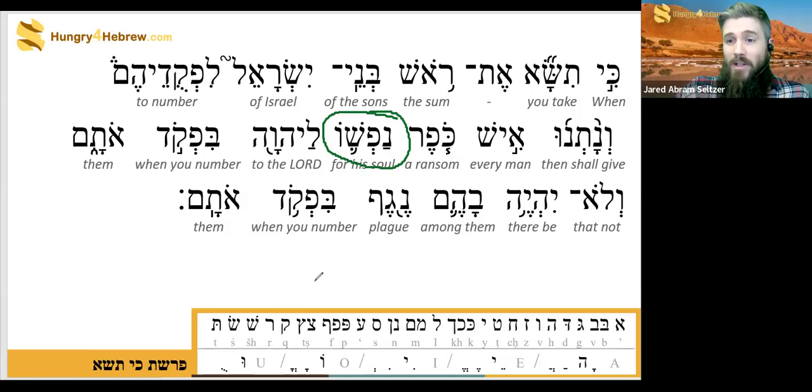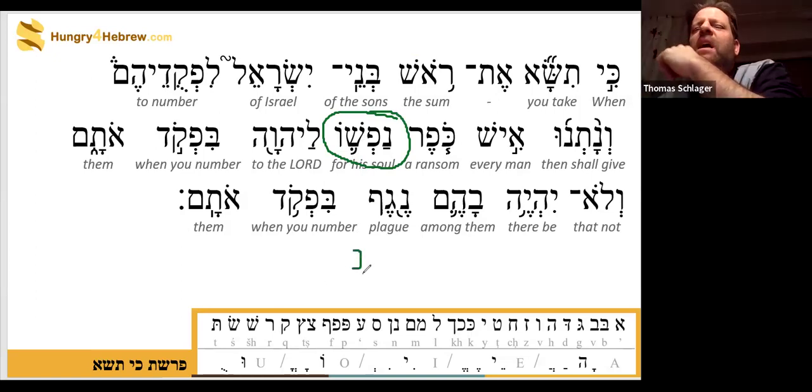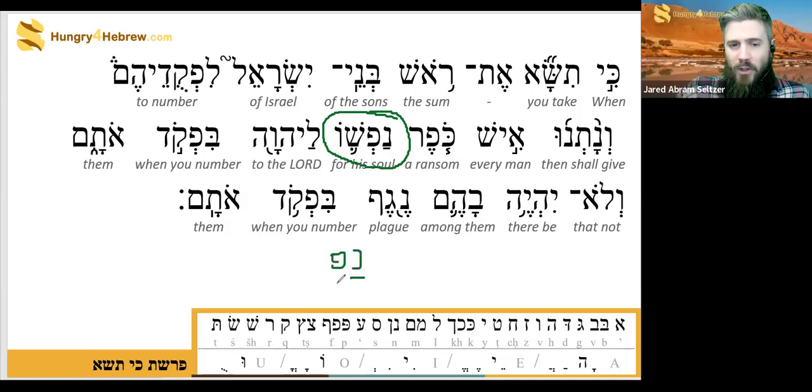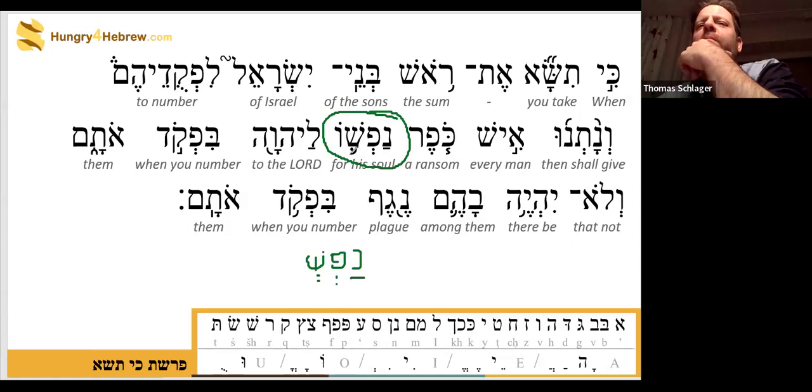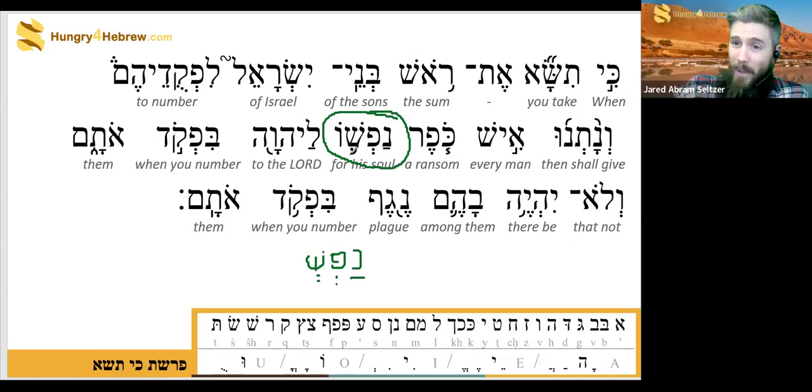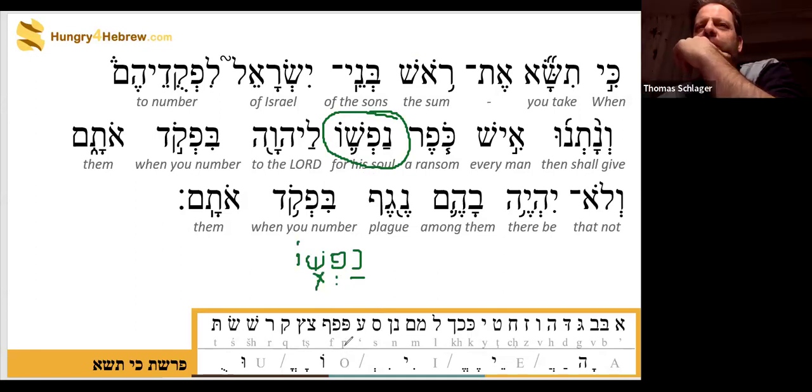The original word was nafsh, which is really hard to say unless there's a pronominal suffix. So with pronominal suffixes, we get the original form back. So instead of nafsh turning into nefesho, it's nafsho.